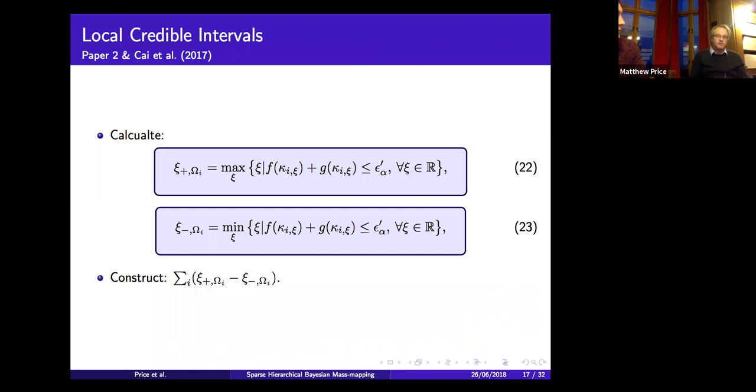If you're really pushing to very high resolutions, then again, it's difficult to do. So the motivation here is to do something that we can scale to very, very large data sets, and typically using optimization methods rather than MCMC methods. But of course, we still want to do uncertainty quantification, but we don't have access to the full posterior. So we do basically what we can to recover approximate uncertainties.